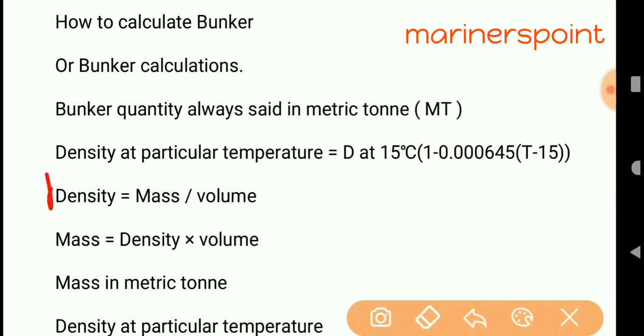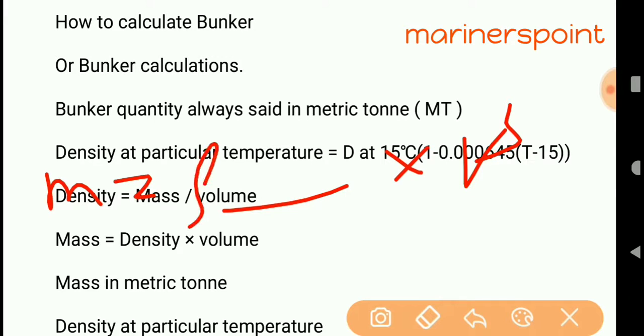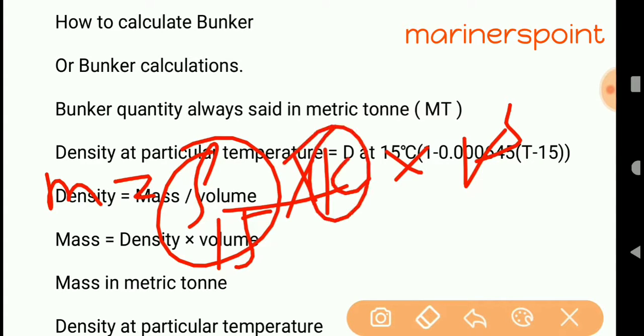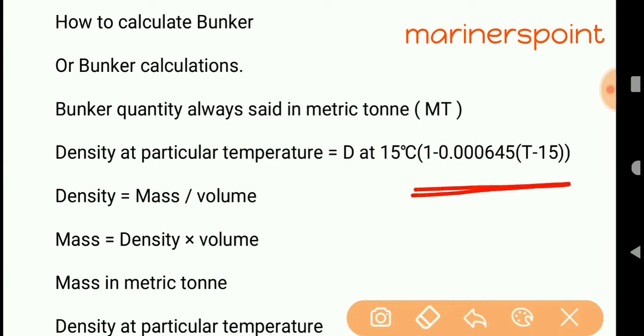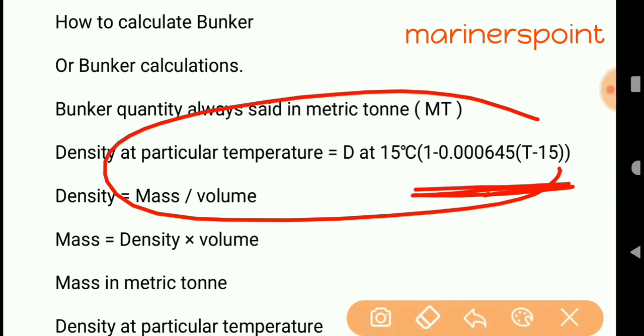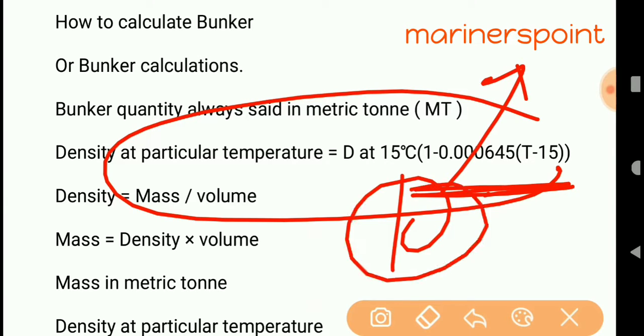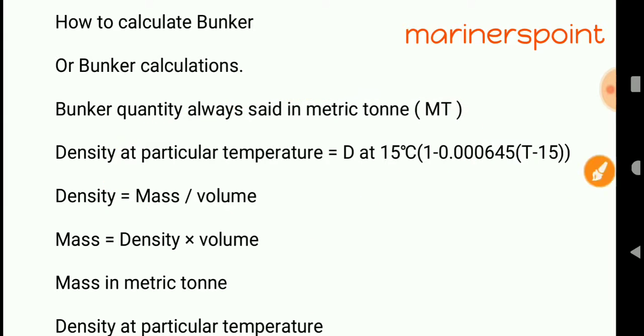I want to say mass is equal to volume times density at 15 degrees Celsius, you know, and here K. What is K? K is this value. Either you know this formula, or in shape you will get some fixed value K, and you don't know how it comes. It comes from this.